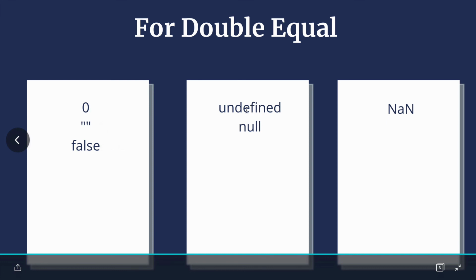In the second box we have undefined and null. In the third box, NaN is there. And the rule is each of these boxes doesn't interact with each other. The first doesn't interact with the second, the second doesn't interact with the third, and in the same way the third doesn't interact with the first.